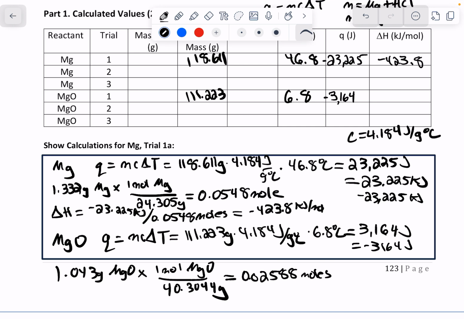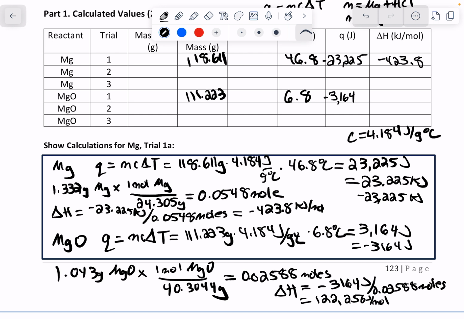So then our delta H is going to equal negative 3164 joules divided by 0.02588 moles, and that's going to equal 3164 divided by 0.02588. I got 122,256 joules per mole.